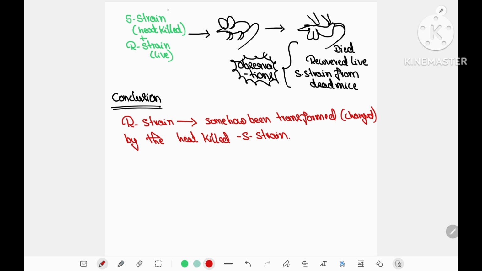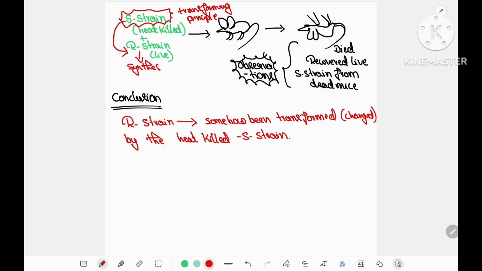That means some molecule was retained after heating in S strain of bacteria, and that changed the R strain into S strain. How was it changed? Some transforming principle present in heat killed S strain.